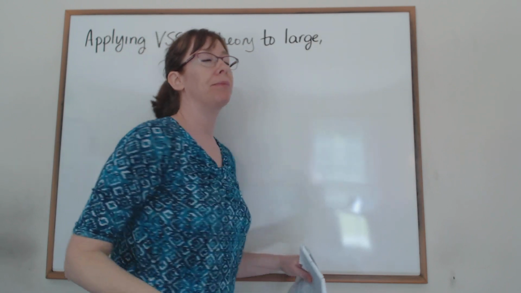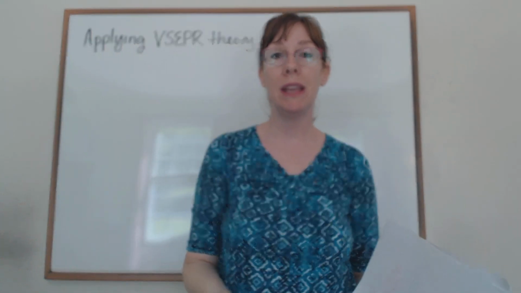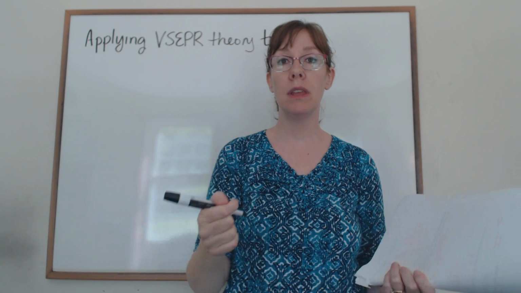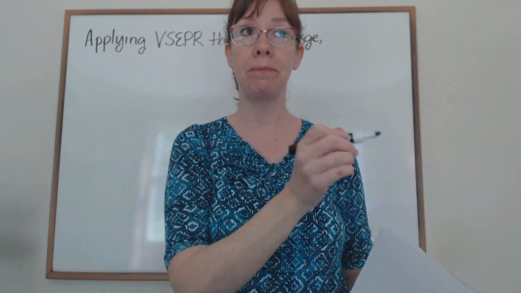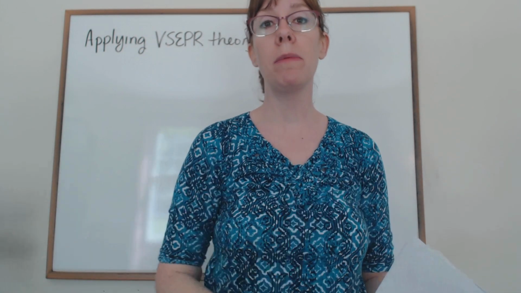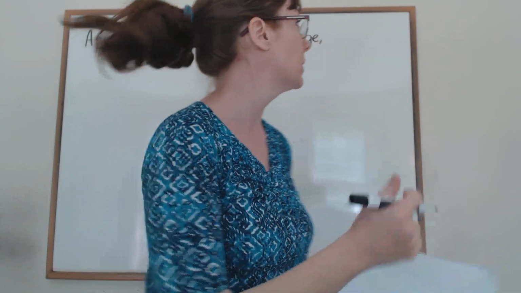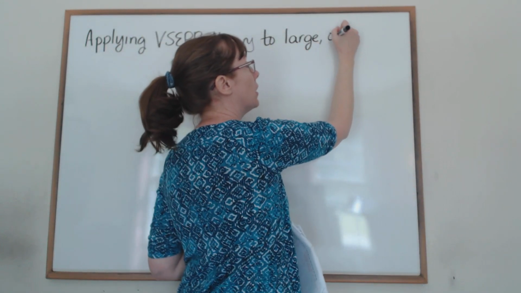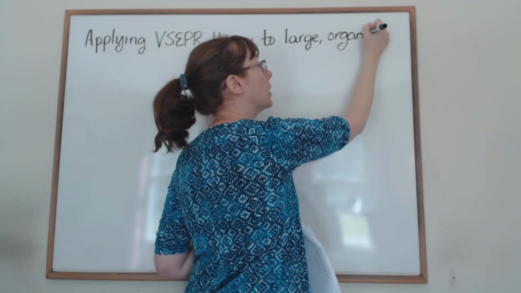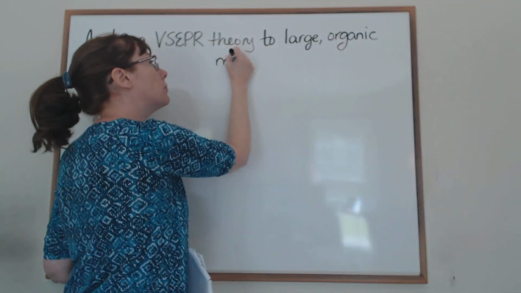Usually what gets us large molecules is the ability of carbon to form linkages with other carbons, so when we talk about large molecules, we're usually talking about organic molecules.